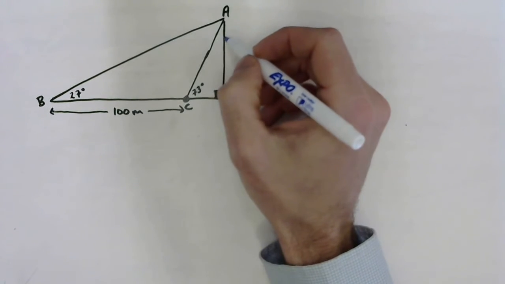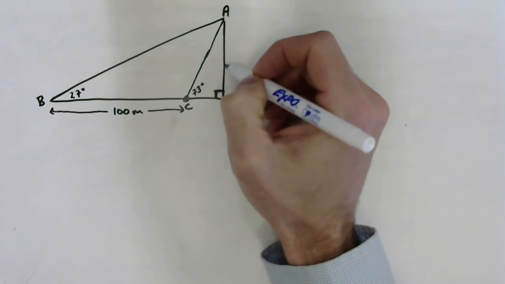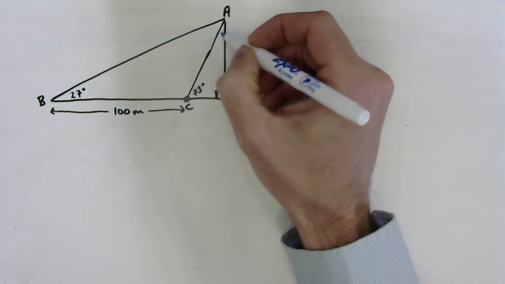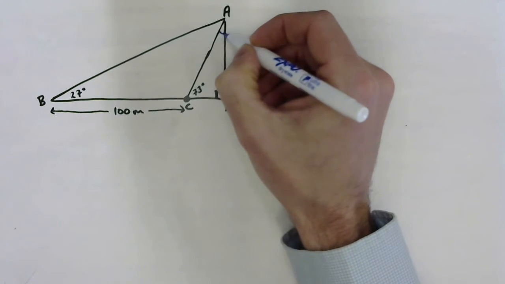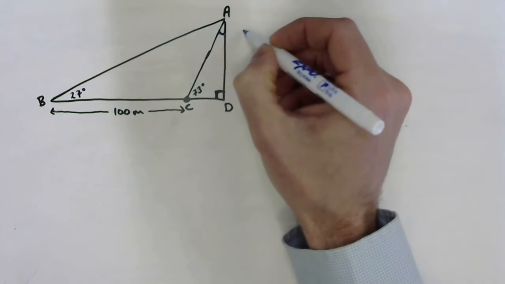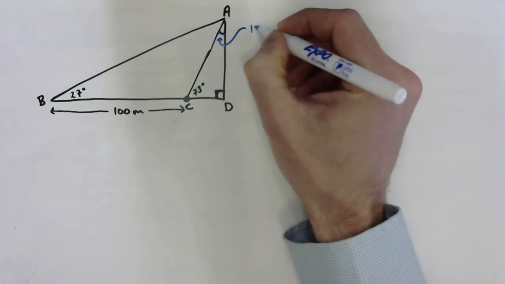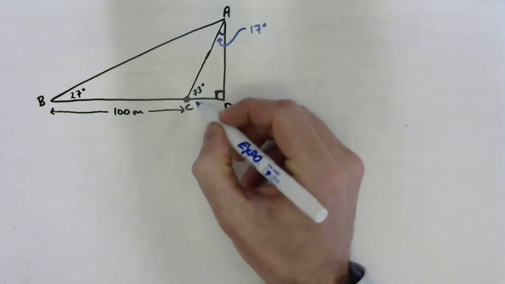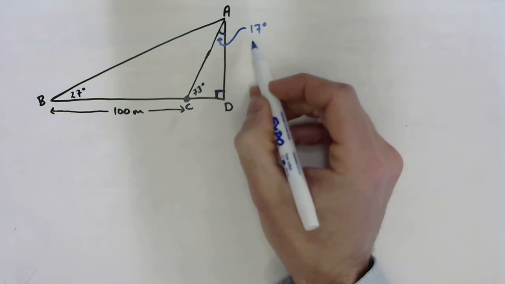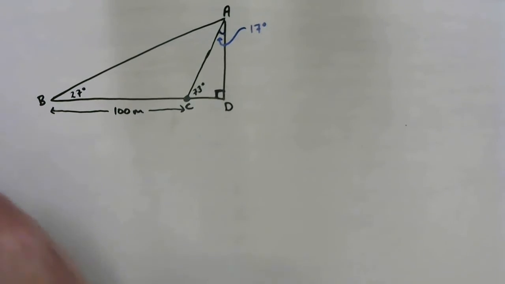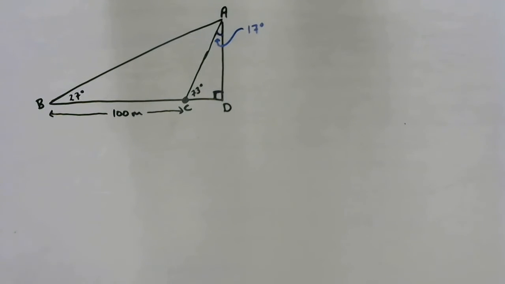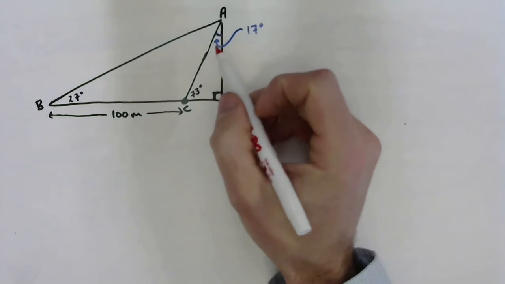Because one triangle is contained inside the other triangle in this diagram. So I've got this little angle right here. All right, if your numbers don't fit, just draw lines. That's 90 minus 73, which is a 17-degree angle. That's in my little triangle. But then I need to be careful when I'm doing my next angle.